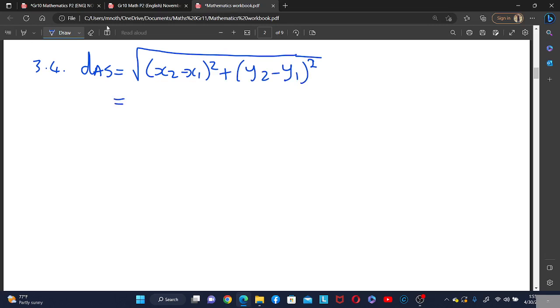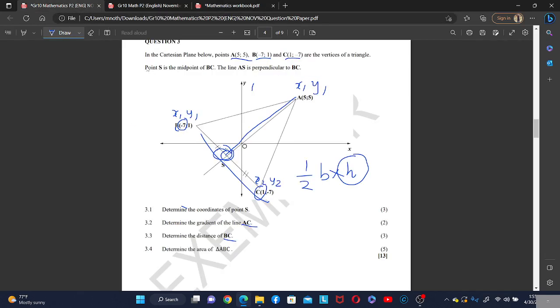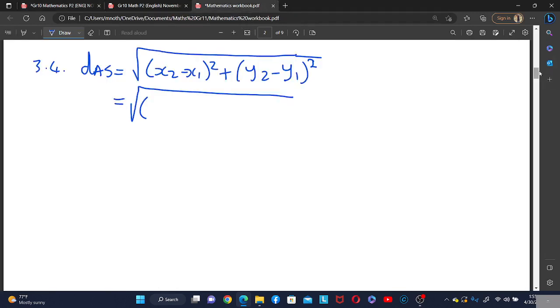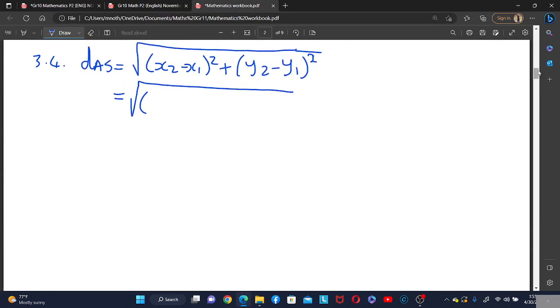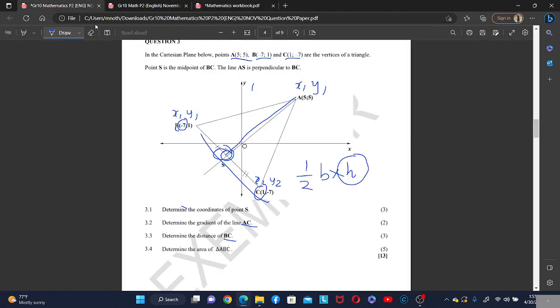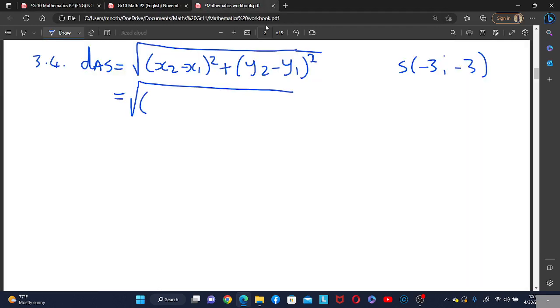So for the distance of AS, we found the coordinates of S, they are -3 and -3. And the ones for A are 5 and 5.